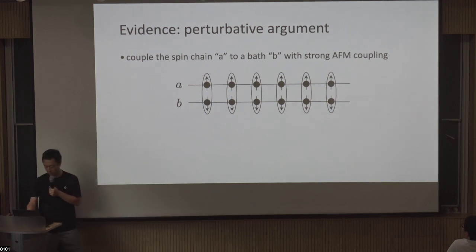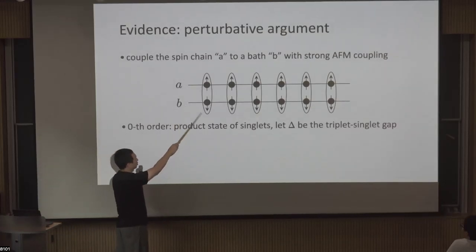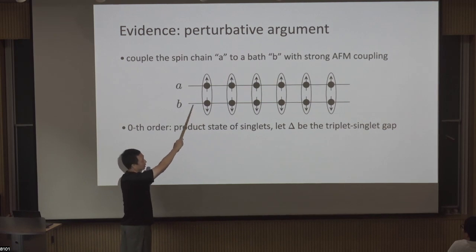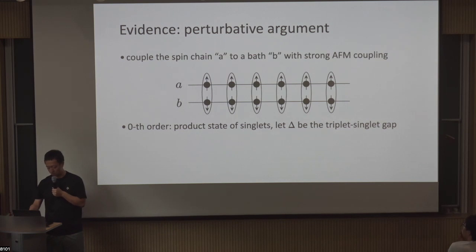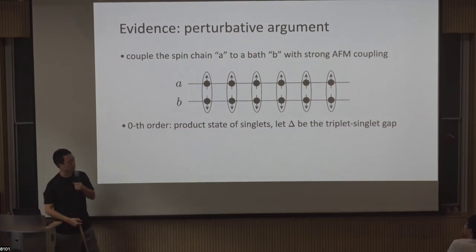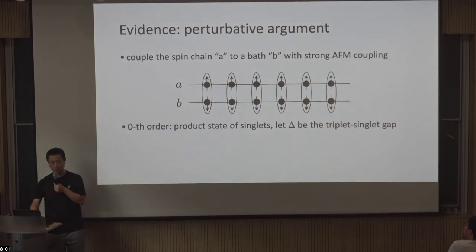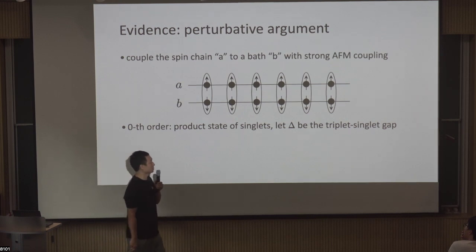Everybody knows at zeroth order, the ground state of this system will be a product of EPR pairs, a product of singlets. It's like a singular point. The density matrix of A is just the identity, maximally mixed. The identity has an entanglement spectrum that's very flat, so all degenerate eigenvalues.